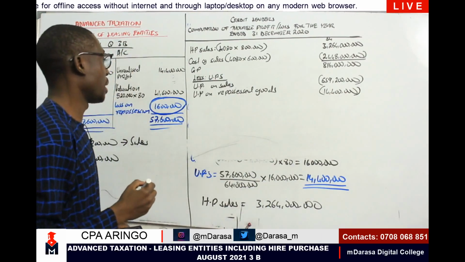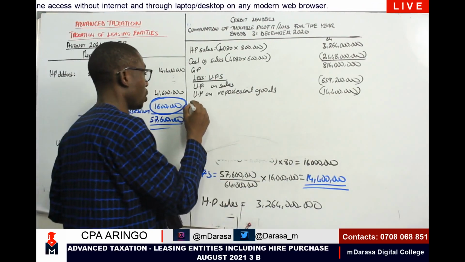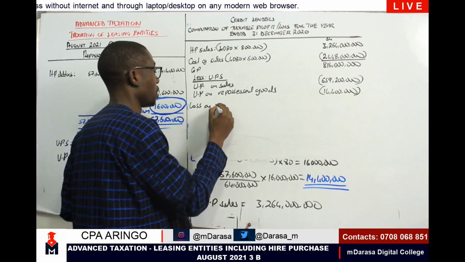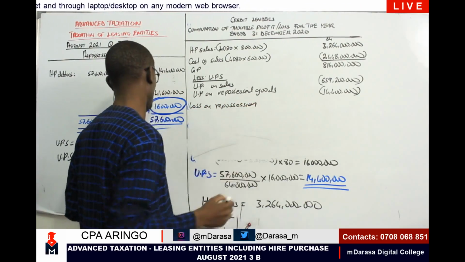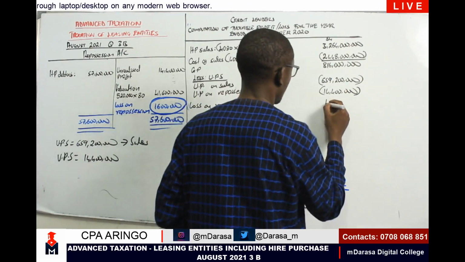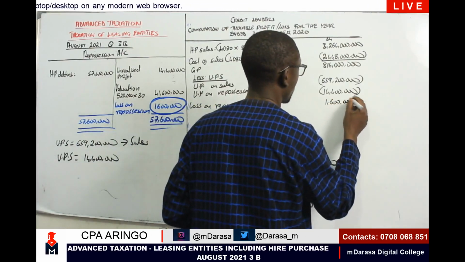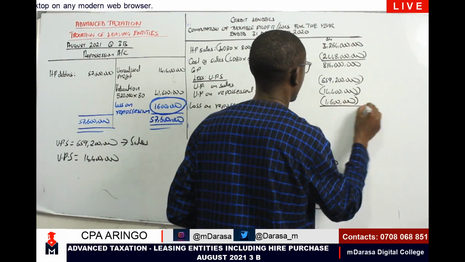Also talk about loss on repossession, we had a figure of 1.6.